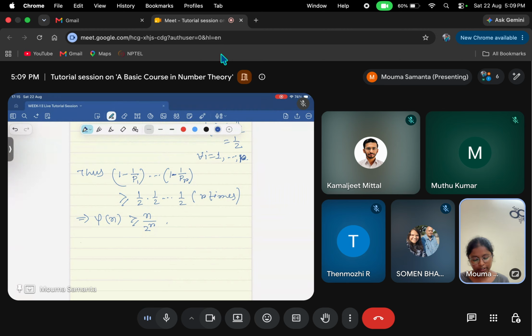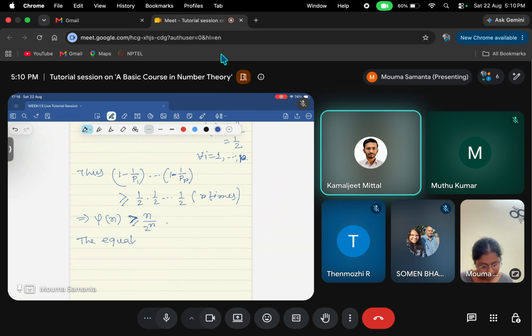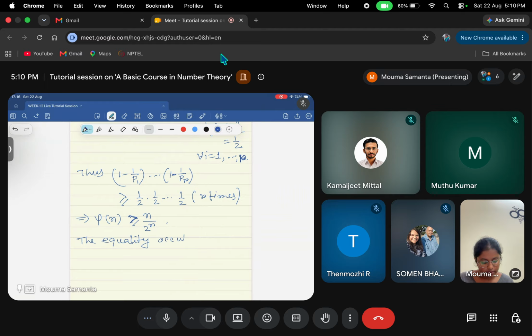So can you tell me when the equality occurs? Here this is an inequality. When does the equality occur? Then when you take n as 2, then it will... n is 2, or a power of 2?